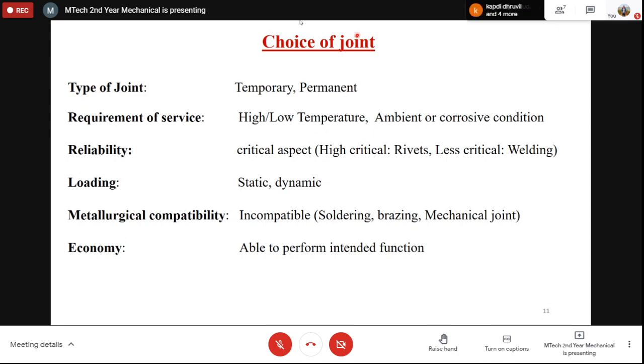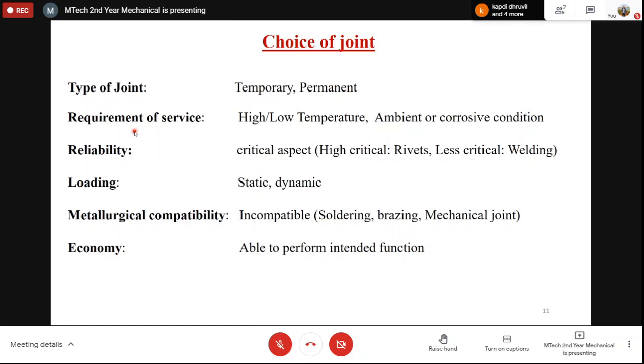Also the requirement of the service: what are the service conditions where the joint will actually perform? Whether it will perform at atmospheric or ambient temperature or at high elevated temperatures. If it is going to perform at high elevated temperature, then we will use a different type of technique. Or if it is going to perform at room temperature, then we will use a different technique.